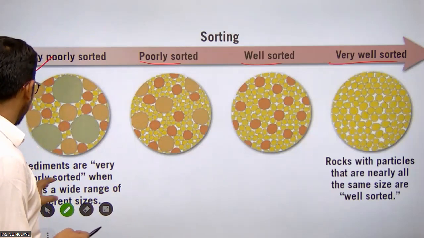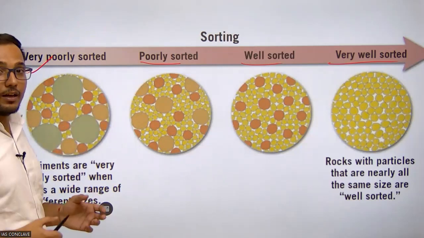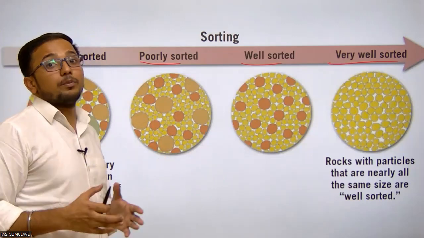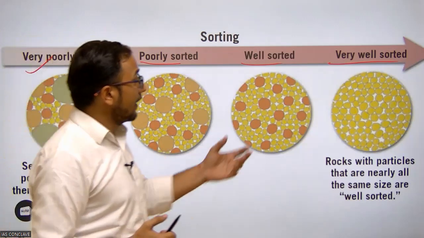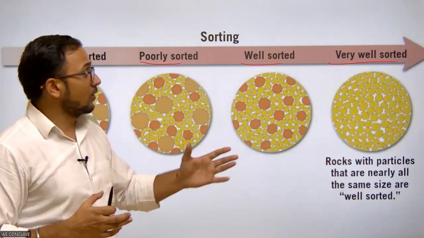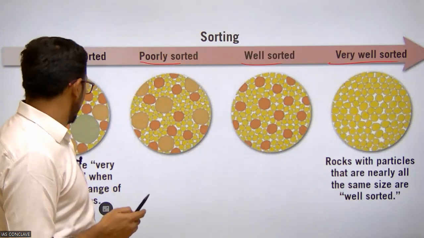If you look, these sediments are very poorly sorted. That means the depositing current has a very high power. Its carrying capacity is very high. But if you look at the very well sorted, the power and carrying capacity of the depositing current is not so significant. Like wind.